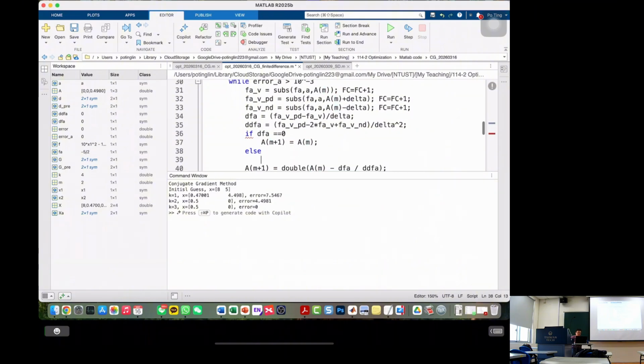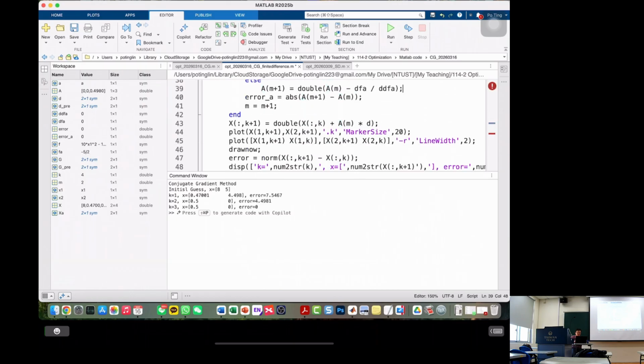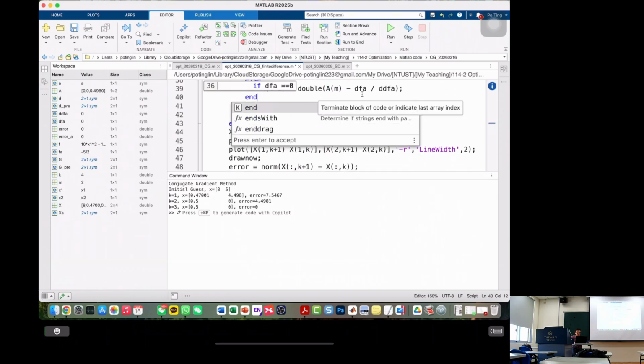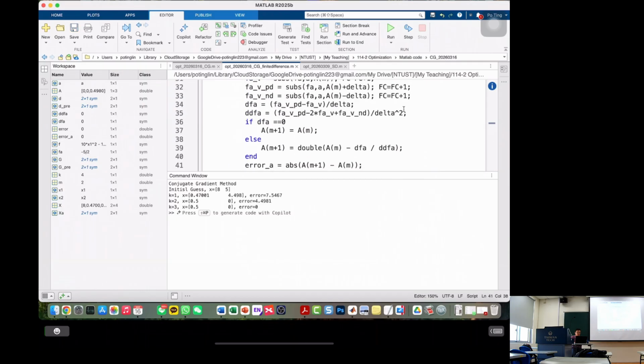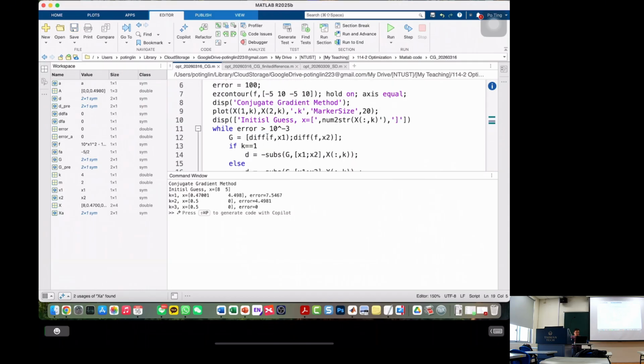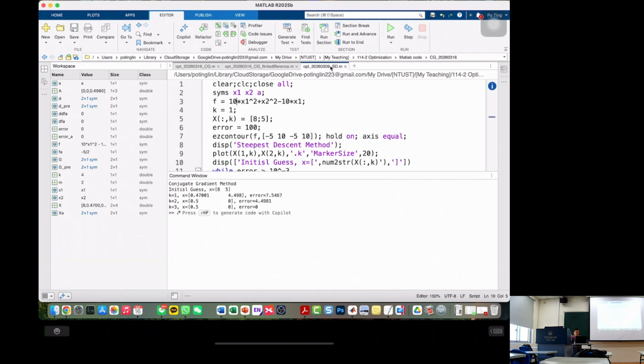Otherwise, try to follow Newton's method for the line search. Yep. So that resolves the bug. Let's compare again. We can now solve the same problem.